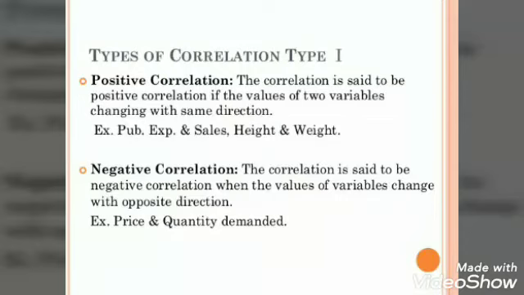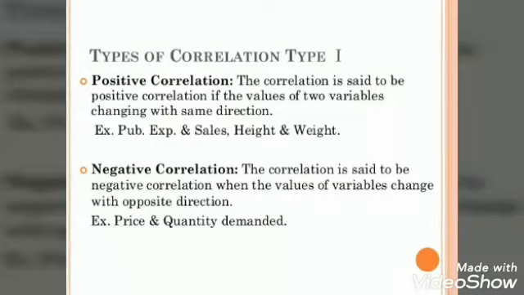As price increases, demand decreases, and as price decreases, demand increases. Both of these variables are changing in different directions, and that is why we say they are negatively correlated.